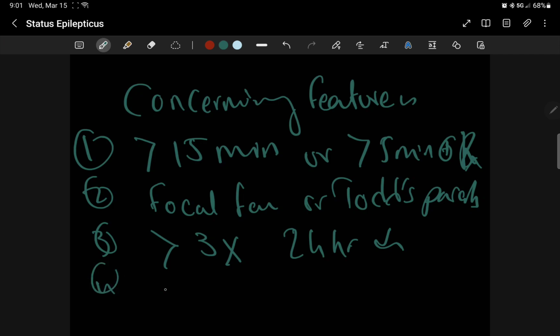And 4, this is a patient that has failure to return back to baseline.